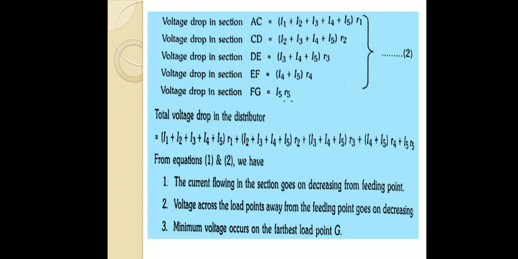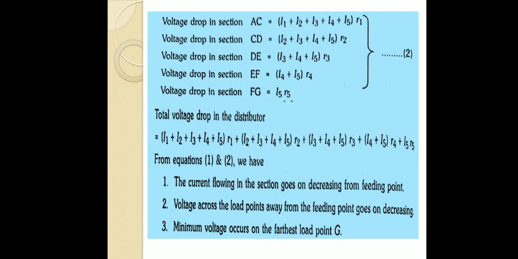In the AC section the current is the full current, I1 plus I2 plus I3 plus I4 plus I5. While moving from AC to FG the current is decreasing. In CD it is I2 plus I3 plus I4 plus I5, in DE it is I3 plus I4 plus I5, in EF it is I4 plus I5, and in section FG it is I5.